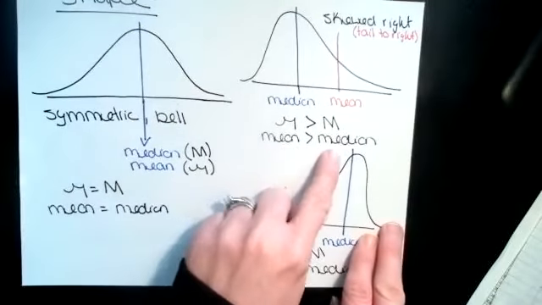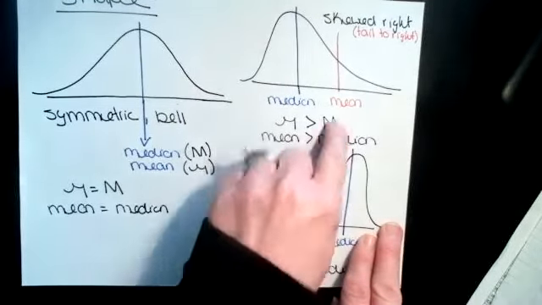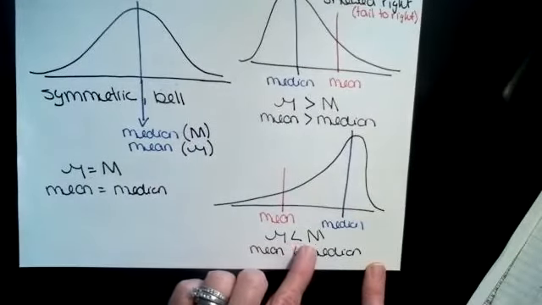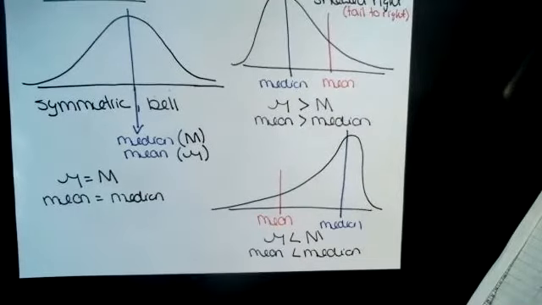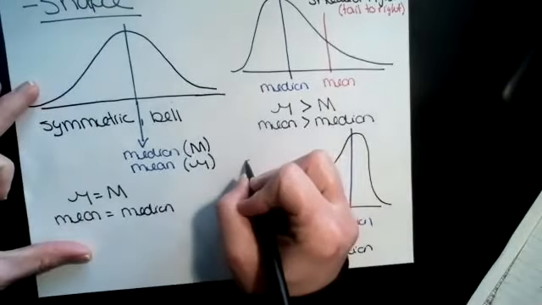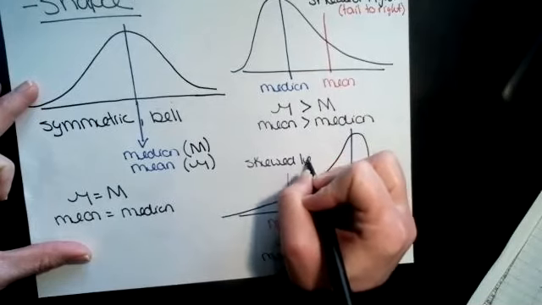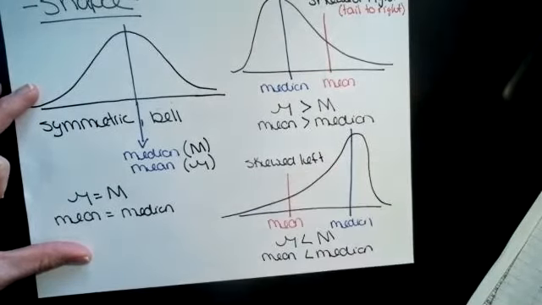If the mean is larger than the median, then I probably have a skewed right distribution. Or if the mean is smaller than the median, then I probably have a skewed left distribution.